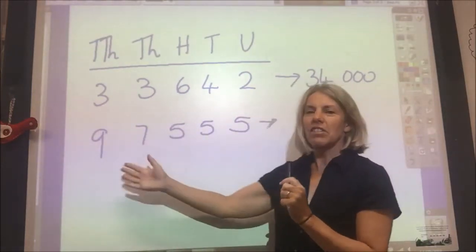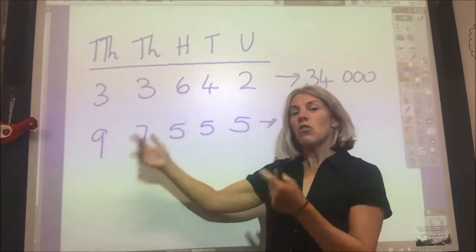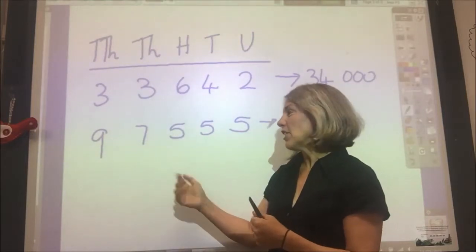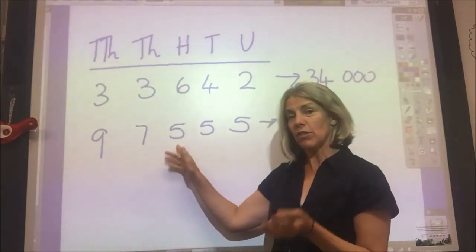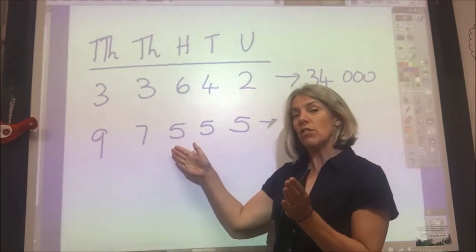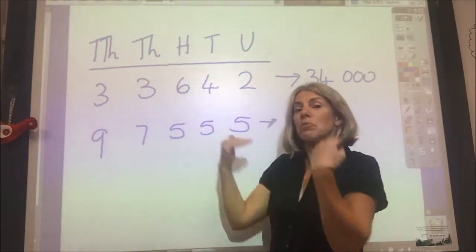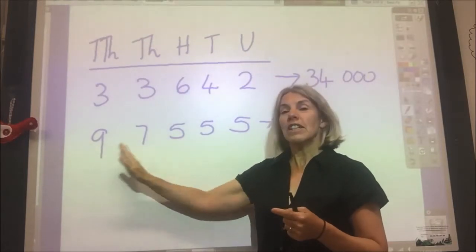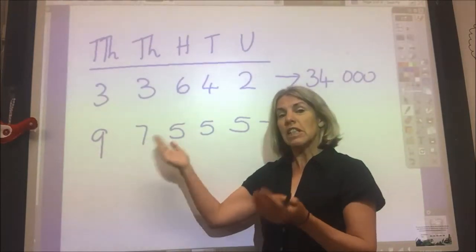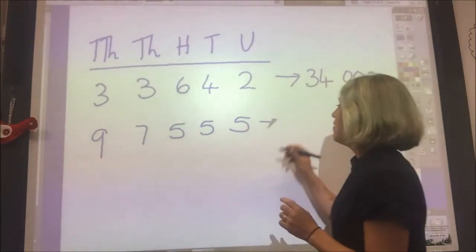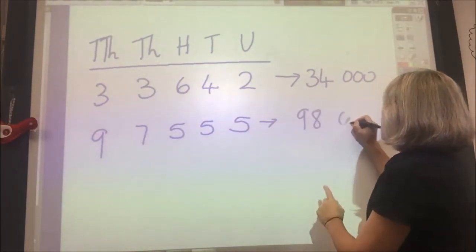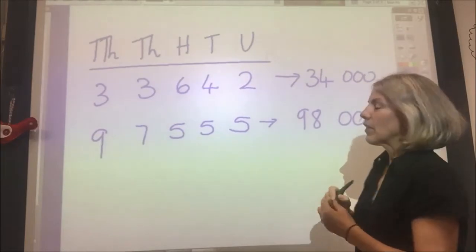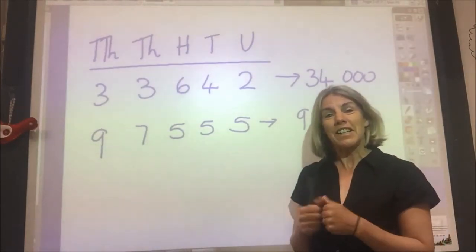Is it nearer to 97,000 or 98,000? We move one column to the right. Check out this 5. It's right on the cusp, isn't it? We know that if it's 5 or above, we're going to go up to the next 1,000. So 97,000 will tip over when rounded to the nearest 1,000 to 98,000. I hope that makes sense.